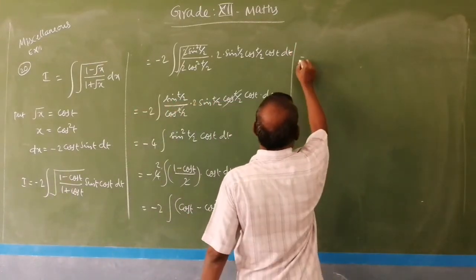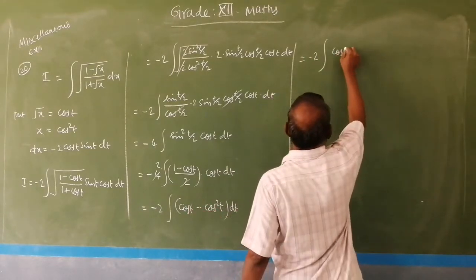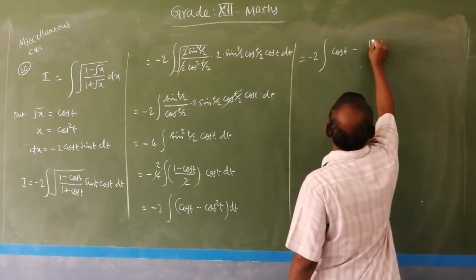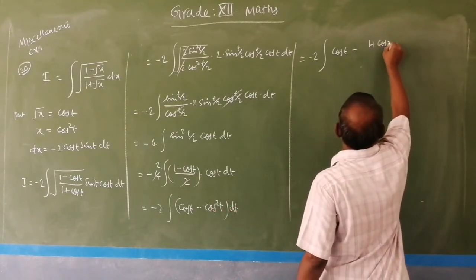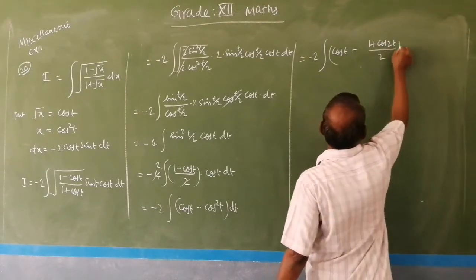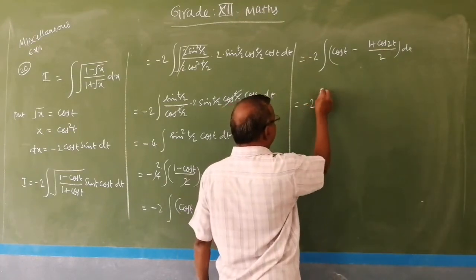This is equal to minus 2 into integral, cos t remains cos t because it is integrable, and cos square t we have to write like this: (1 plus cos 2t) by 2, into dt. That is equal to minus 2 integral.